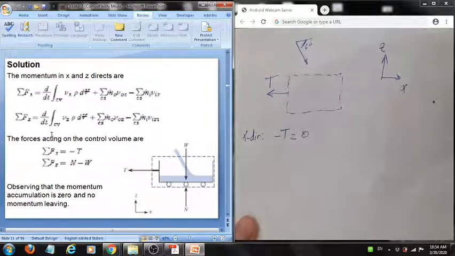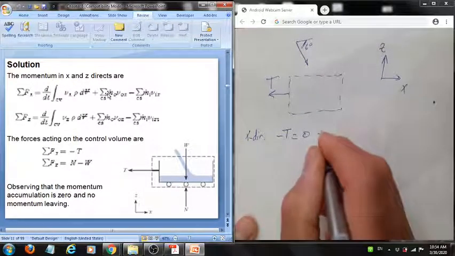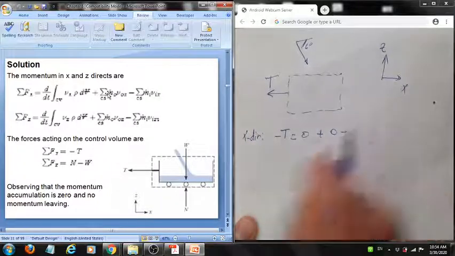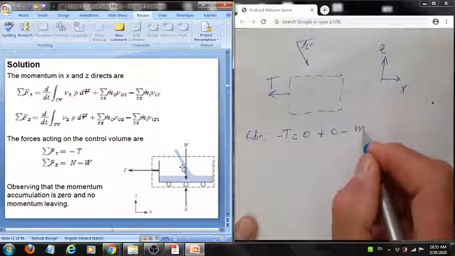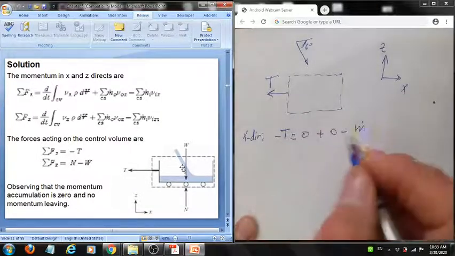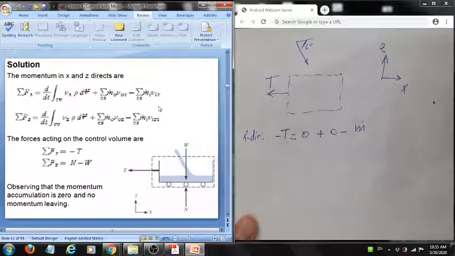Again, we will always assume steady unless otherwise stated. There is no mass leaving, no momentum leaving. We only have one stream of momentum entering, so we have m dot. Now we have to look at the velocity.